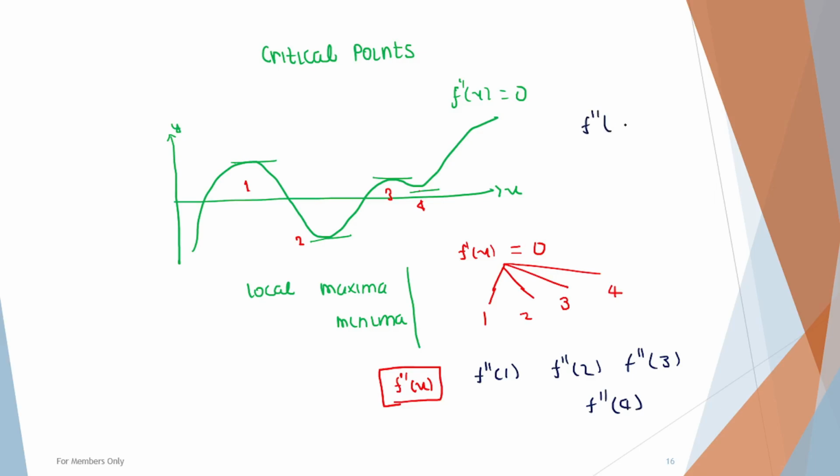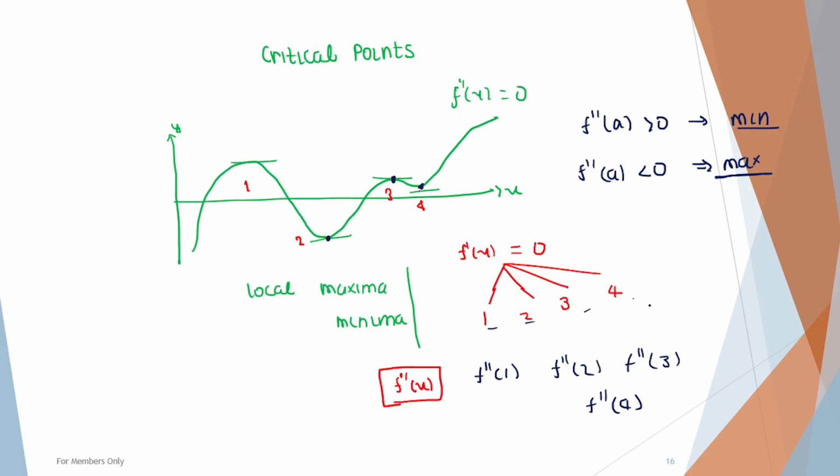So if f double dash of a is greater than 0, then at that point minima will be achieved, and when f double dash of a is less than 0, then at that point maxima will be achieved, okay, local maxima. So there are 4 points here. So what we'll do is one by one we'll check. So there will be 2 points where it will be less than 0, because here and at this point, and at this point and this point it will be greater than 0.